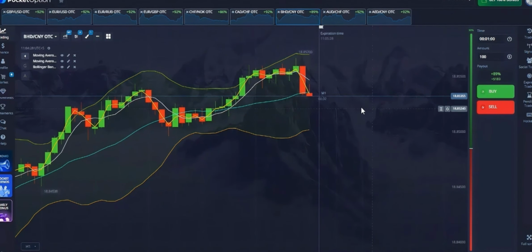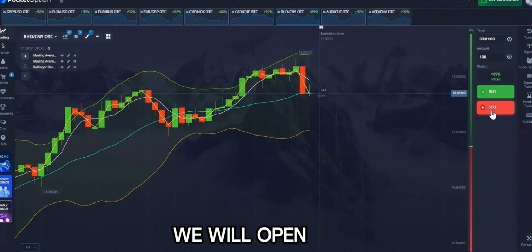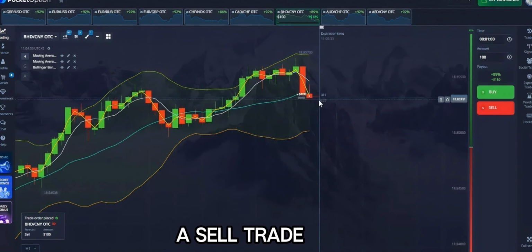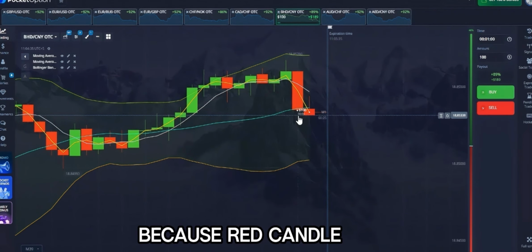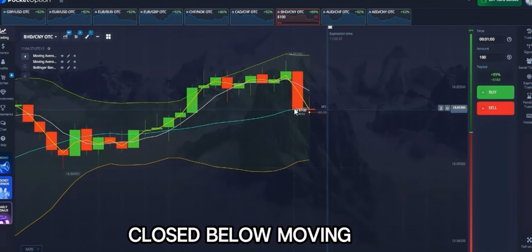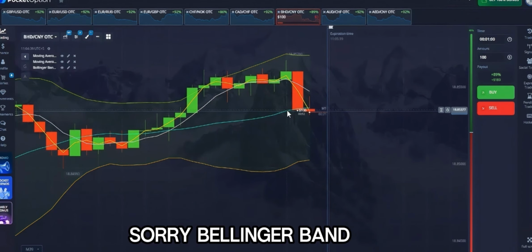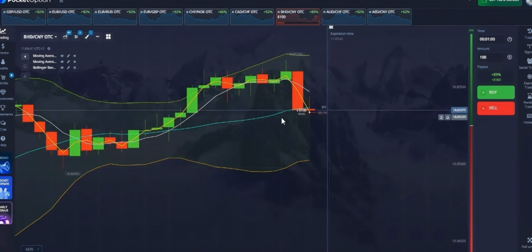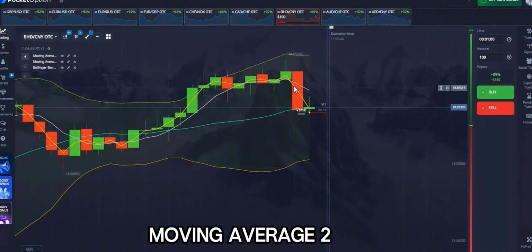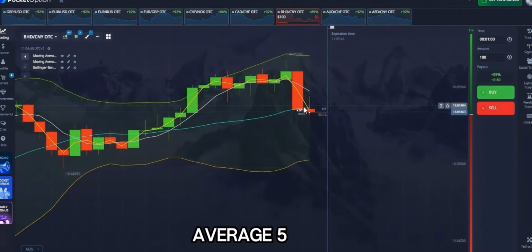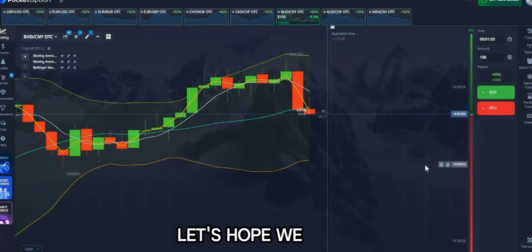We'll open a sell trade here because the red candle closed below the moving average and Bollinger Band line, and moving average 2 is crossing moving average 5. Let's hope we'll win the trade.